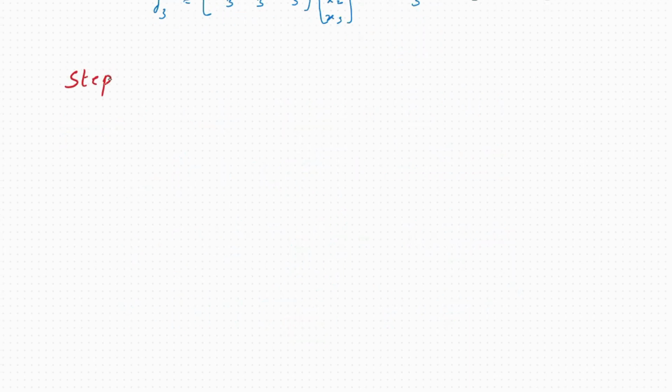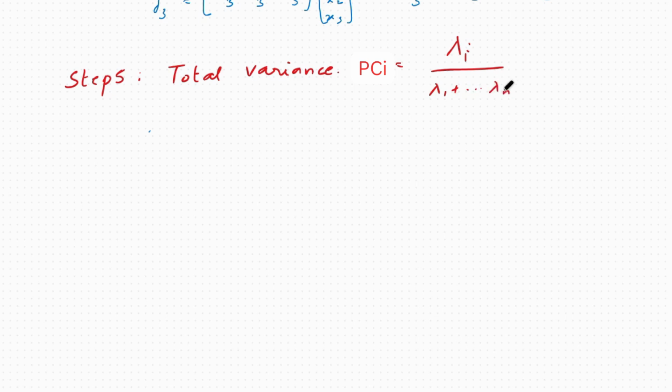Step 5 is to calculate total variance. This can be calculated by lambda i divided by lambda 1 plus so on up to lambda n. Lambda 1 is equal to 3, lambda 2 is equal to 6, lambda 3 is equal to 9.